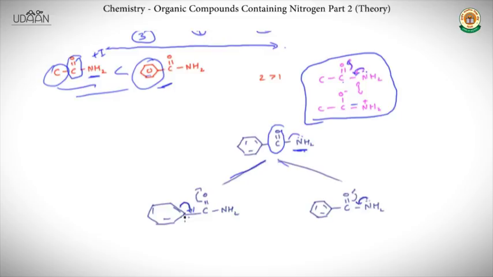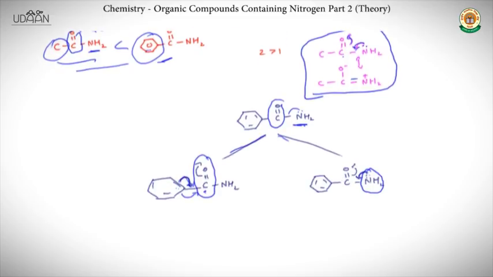This is because this pH ring is donating its electrons to this C double bond O, and the positive charge here is somewhat satisfied by this negative charge. So this nitrogen has comparatively more lone pair, so it donates it effectively. So this is greater. Now let's go to the next part.